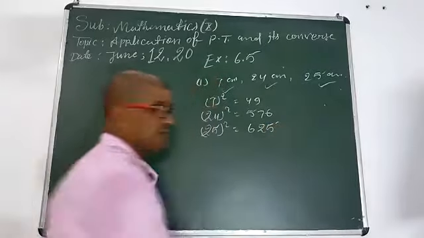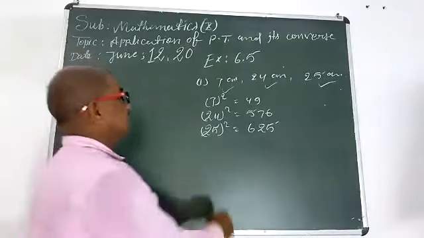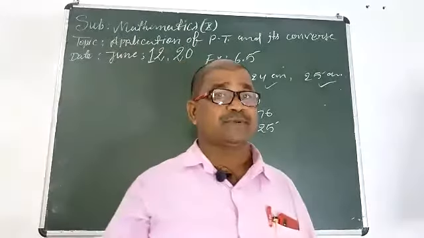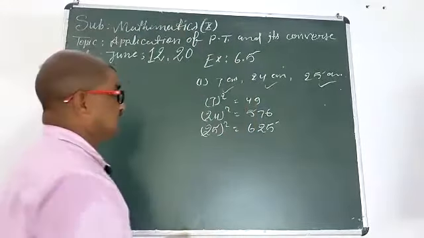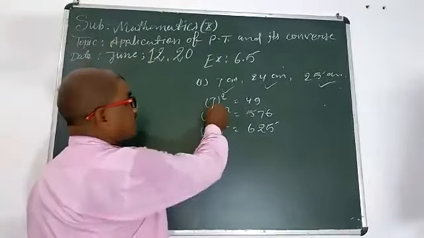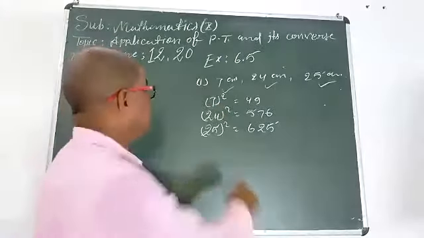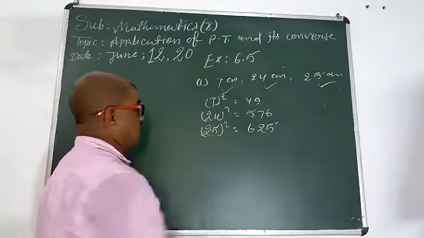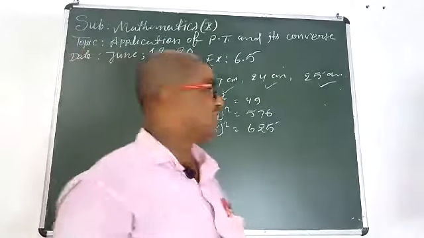Am I right, students? You should do the fundamental operation also. Square of 7 is 49. Square of 24 equals 576. Square of 25 equals 625.